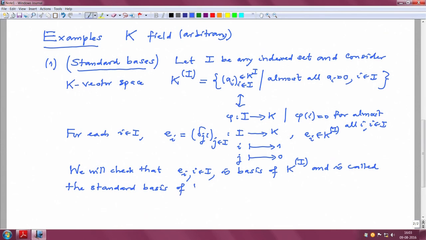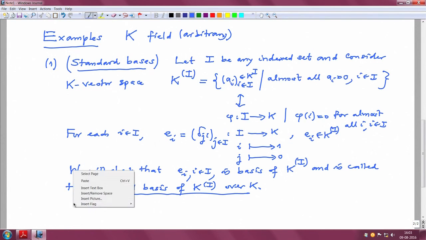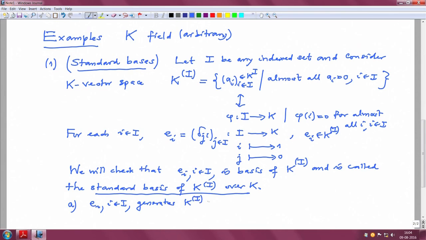Of k power (I) over k. So, to check it is a basis, we need to check two things: it generates and the family is linearly independent. First, we will check that the family e_i, i in I, generates k power (I) over k.